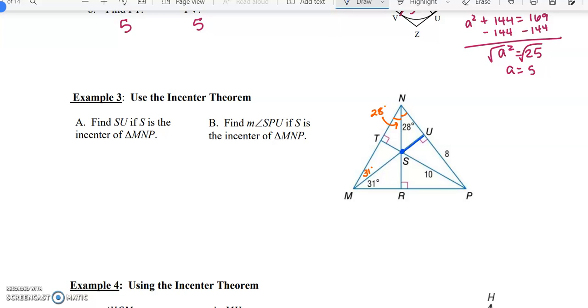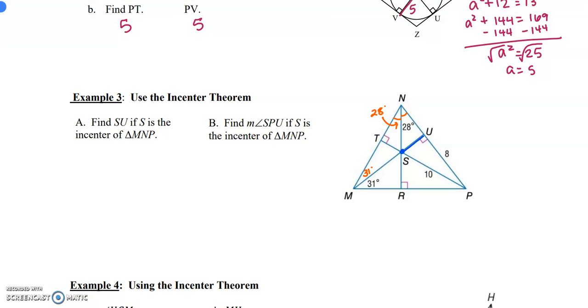So SU is going to be the same length as our other perpendicular little segments to each side. So to find that, again, we have two sides of a right triangle. The hypotenuse is 10, one leg is 8. The other leg we don't know.